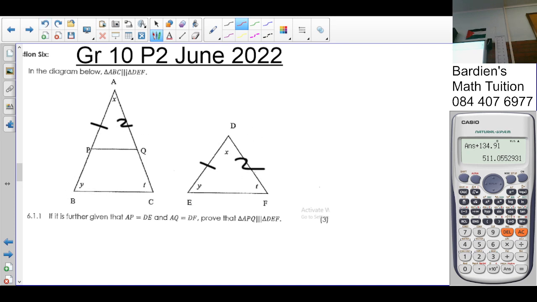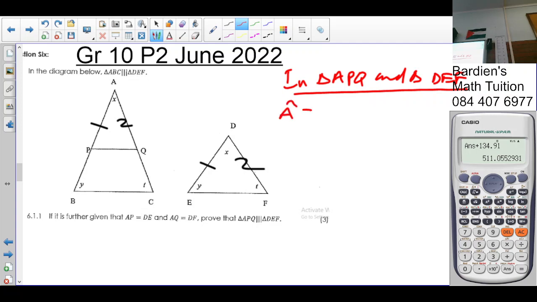So how do we start off? We say in triangle APQ and triangle DEF, what can we say? The angle D is equal to angle A. Why? It was given equal.